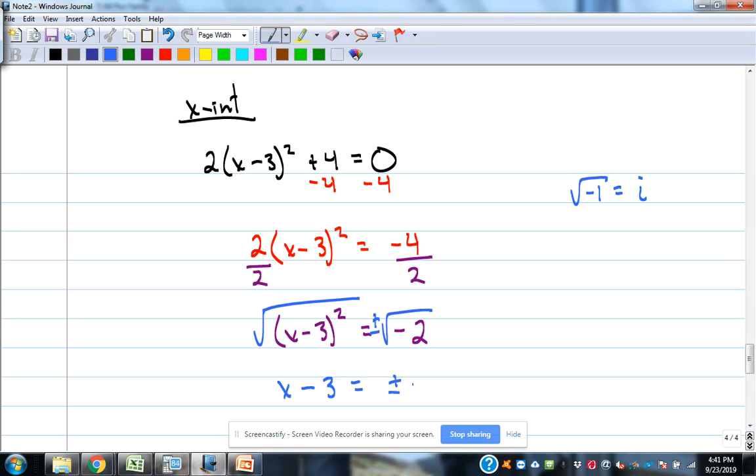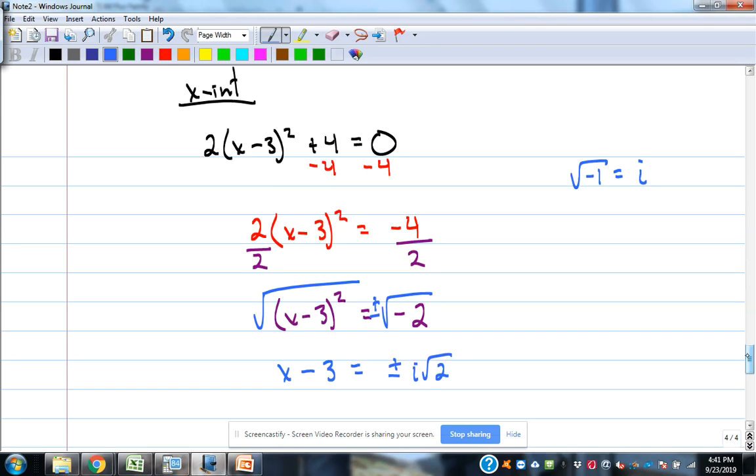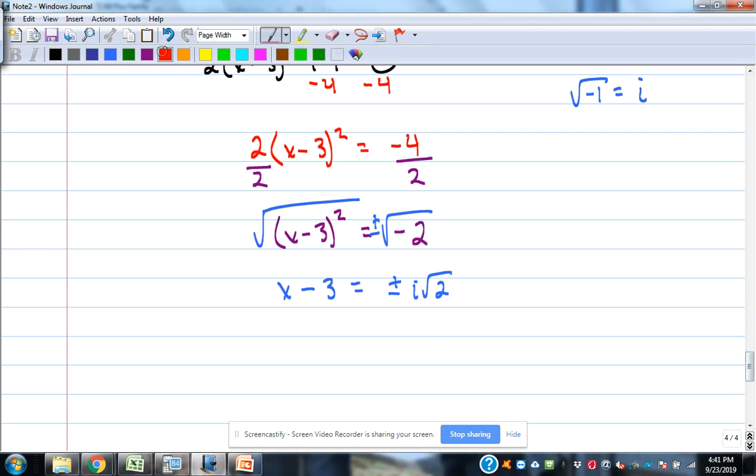So this is i radical 2, or i square root of 2. We're almost done because this is a complex solution. We knew from our graph that this didn't cross the x-axis. If you get an imaginary or complex number, you know it doesn't cross the x-axis. Okay, we knew from our graph it didn't.